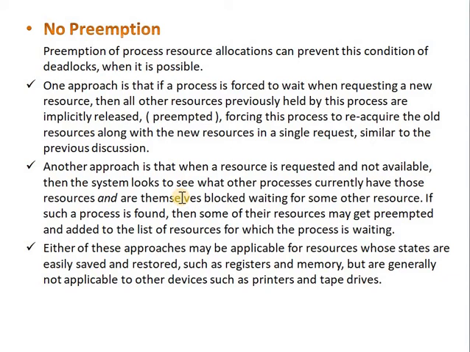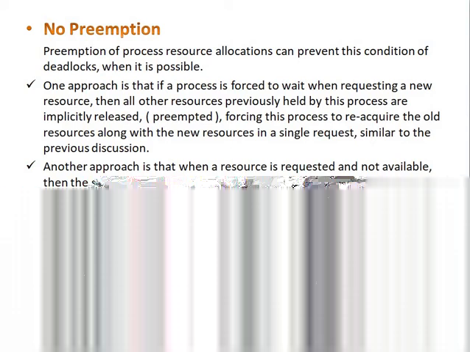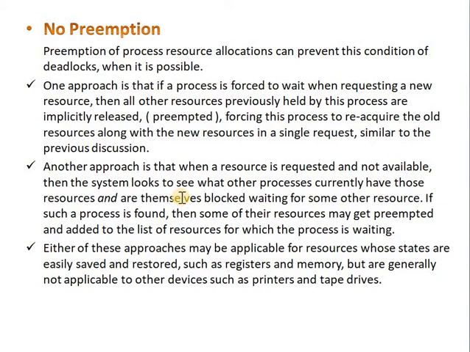In short, the no preemption condition states that if a process is holding some resources and it requests more resources, then at that time the newly requested resources can be immediately given to it, and the resources it is holding are preempted.